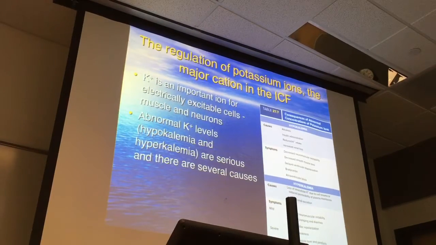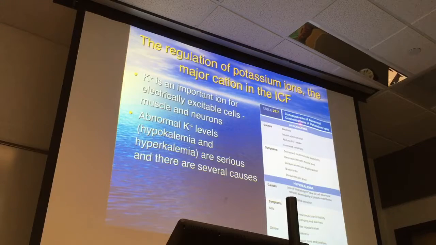Regulation of potassium ions. The major cation in the ICF is potassium. Remember, we need a certain amount of potassium. If you have too much or too little potassium, that affects certain cells greatly.